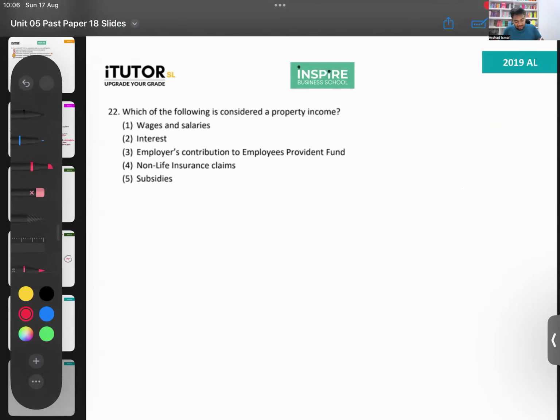Okay. Now, what are your property resources? Remember in unit number 1, we learned land, labor, capital, entrepreneurship. We say 2 of those are human resources, 2 of those are property resources. Which ones are the property resources? Land and capital, right? Land and capital are the property resources.